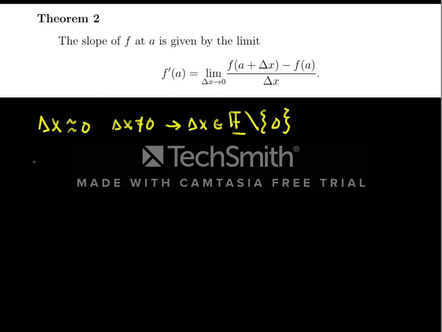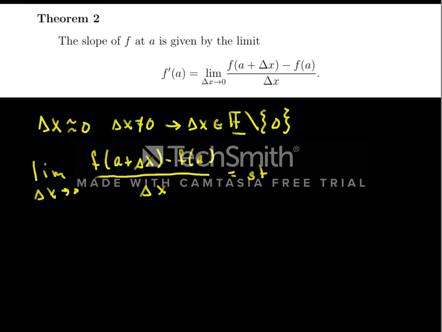And then the limit as delta x approaches 0 of f of a plus delta x minus f of a, all divided by delta x, is the standard part of f of a plus delta x minus f of a, all divided by delta x. But you should recognize that by now as exactly the slope of our function, provided it exists. So this equals f prime of a.